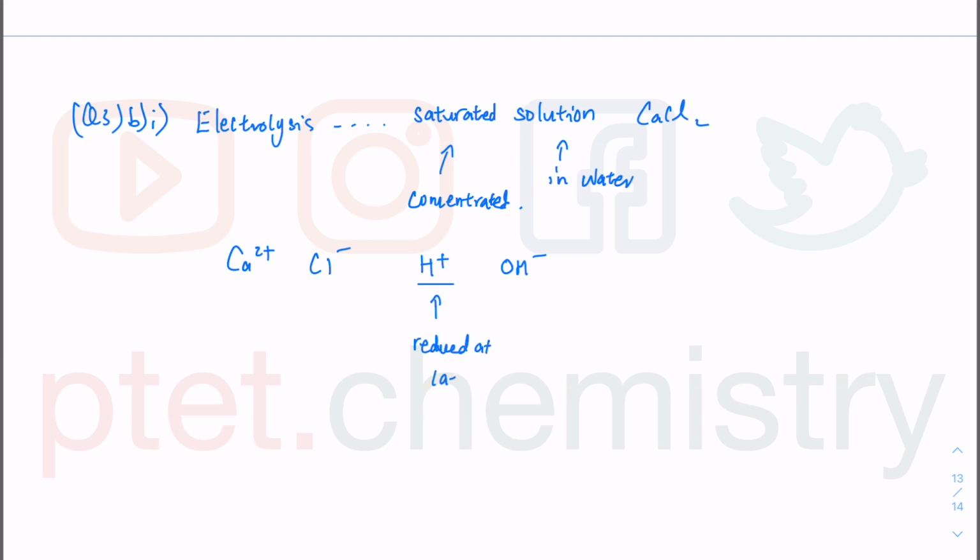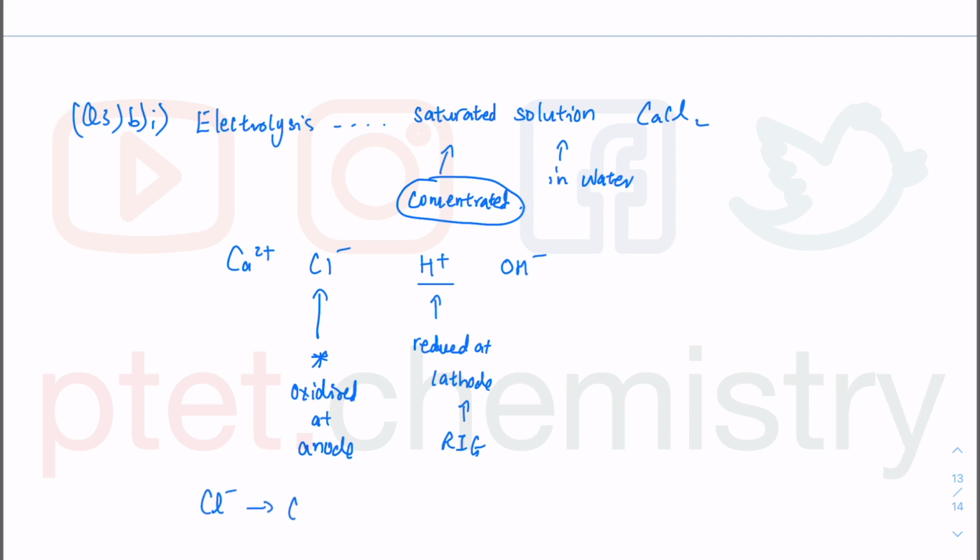But then between the anions, OH minus and Cl minus, as a result of the concentration factor, it's the Cl minus that will get oxidized at the anode and not the OH minus. Therefore, you don't get oxygen at the anode. Instead, you get chlorine at the anode, because you will get Cl minus going to Cl2 plus 2 electrons.